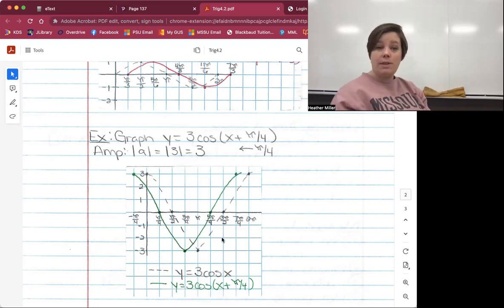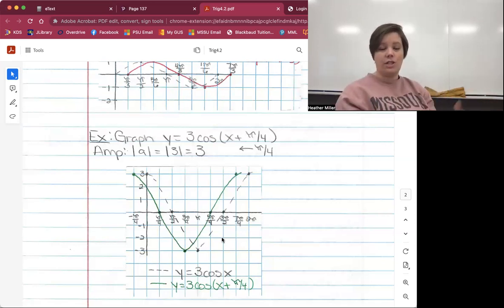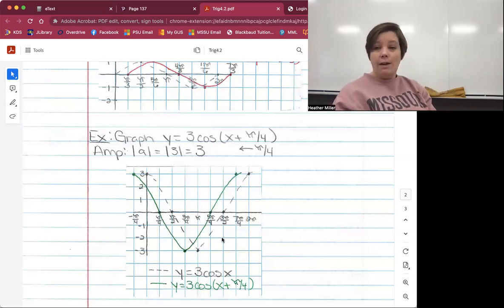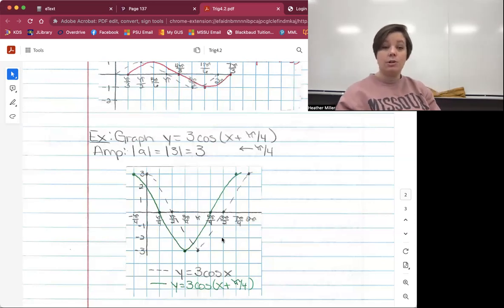Again, you can use method 1 on these. I think it's a little bit more involved, which is why I like just using the base function and then doing the shifting itself. One thing I want you to note is that if you ever are 1000% lost on how to graph any of these functions, you can always do the point plotting method.